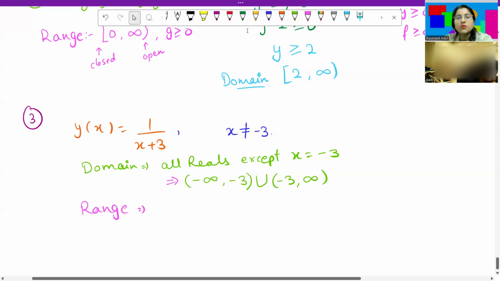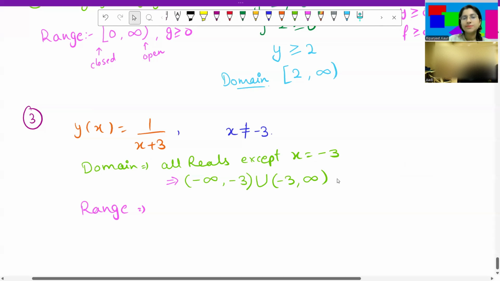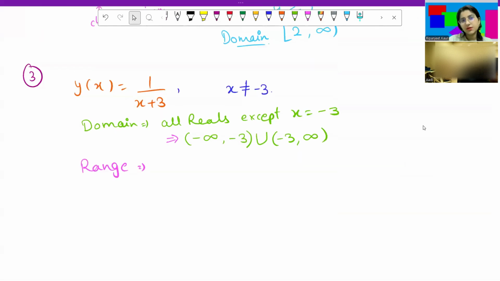What do you think? What is going to be our range in this case? Range is all the answers that we are going to get after plugging in x.